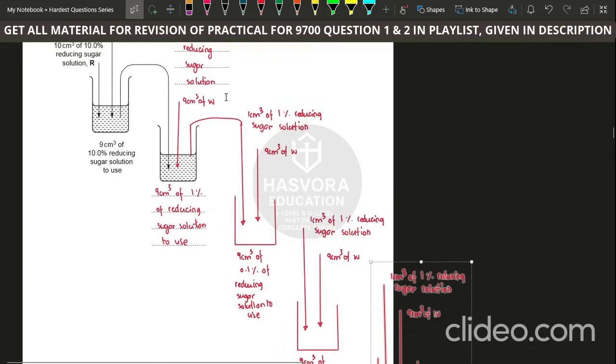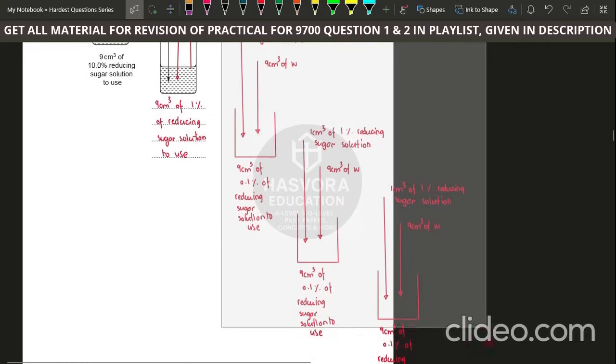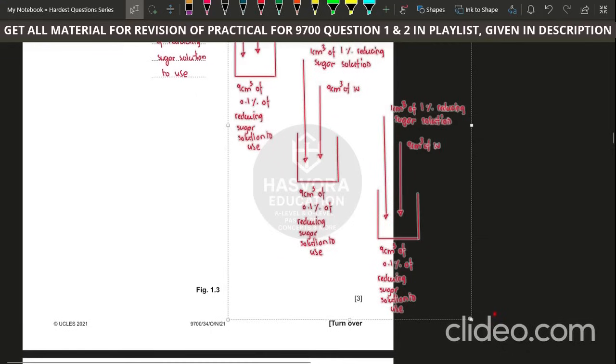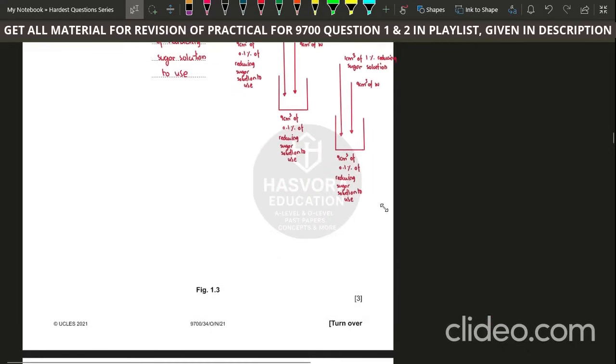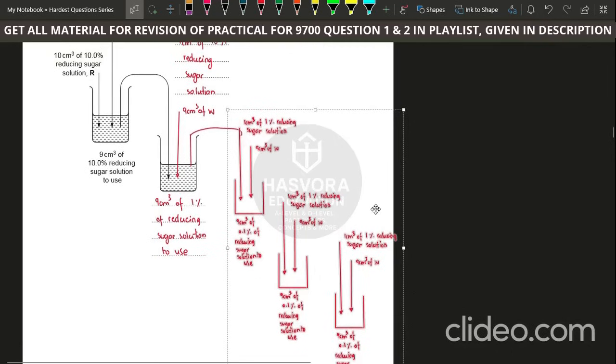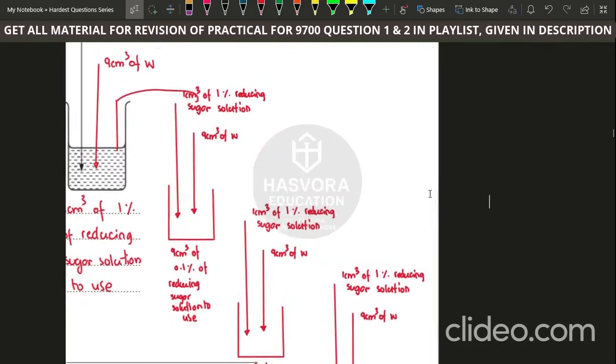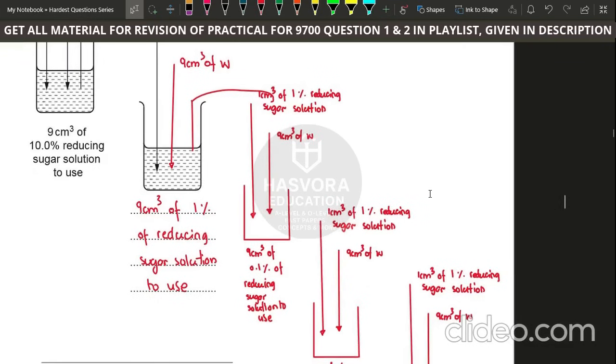Let me just reduce the size of these. Okay, so now it is perfect. Let's just also adjust this line.